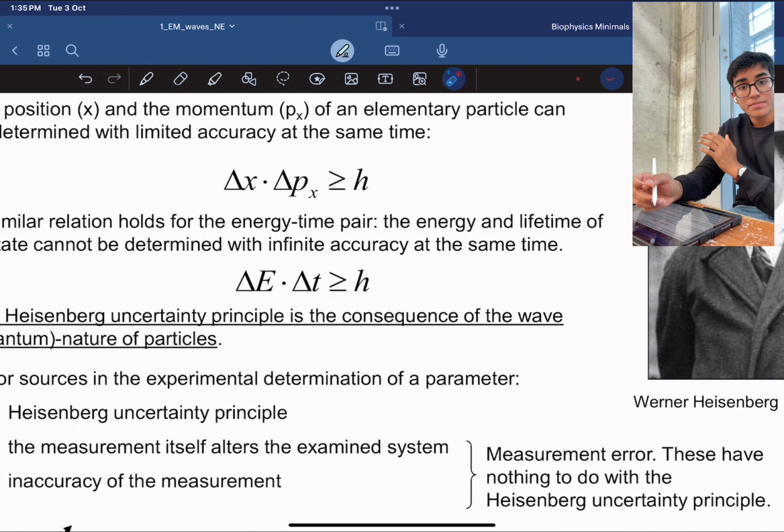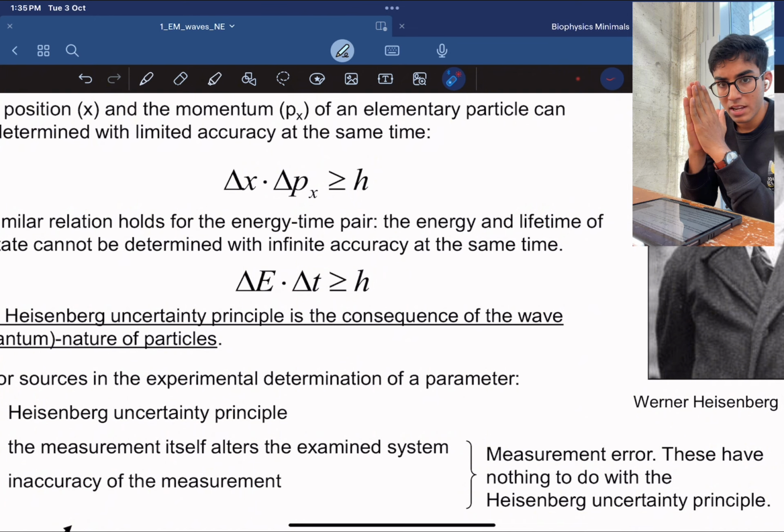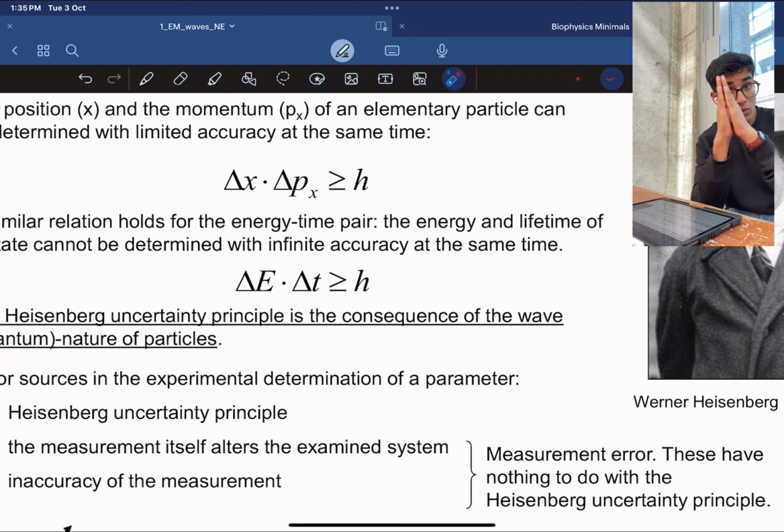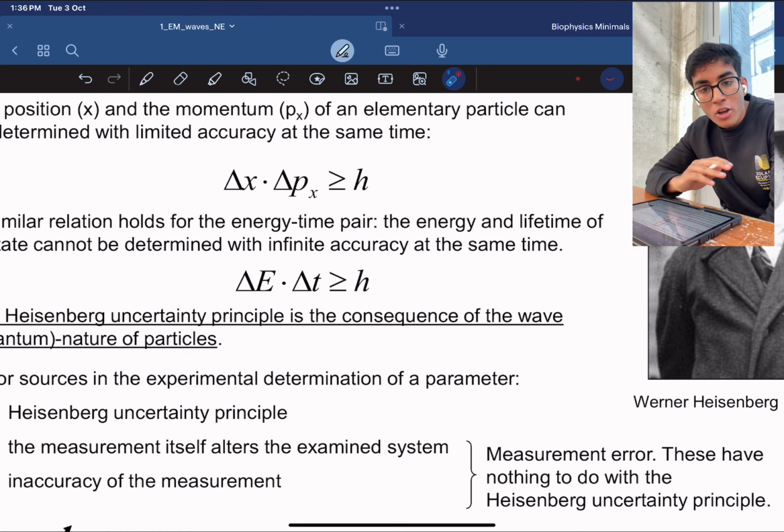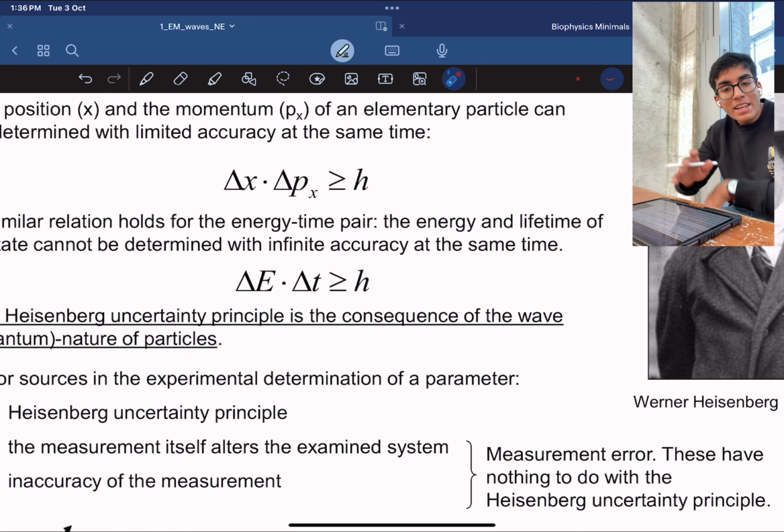The values are bigger than h, bigger than h, getting equal to h, and then it gets lower. At the point where it gets lower, the momentum disrupts itself. The momentum goes crazy. It increases.